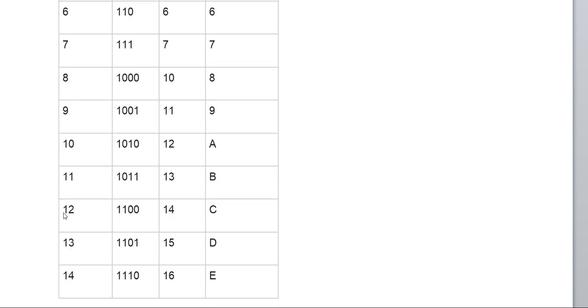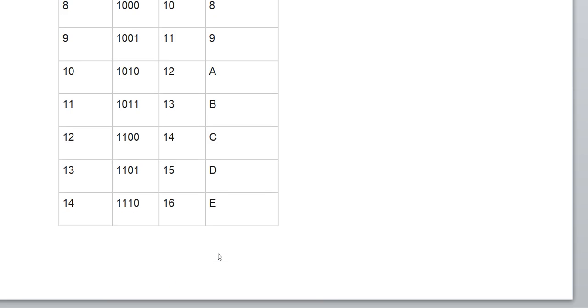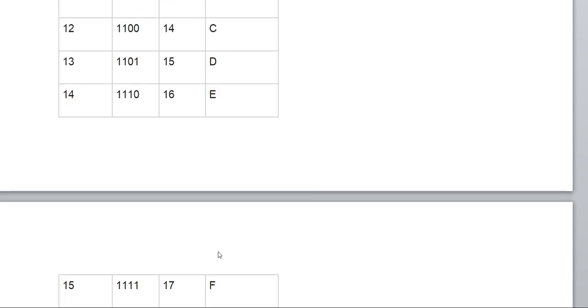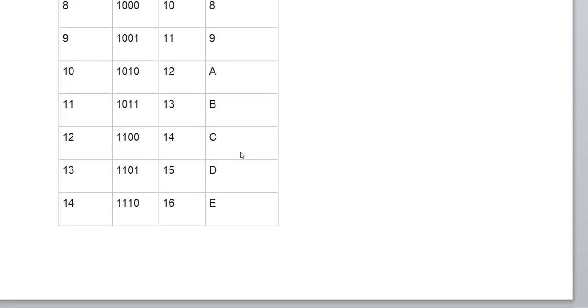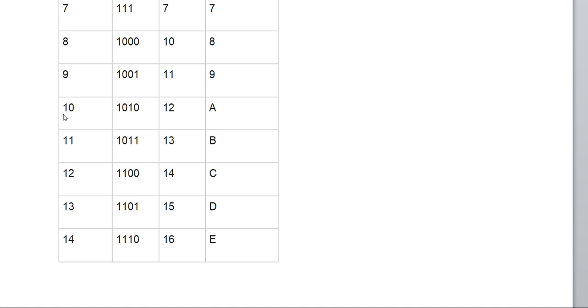Here you are also able to see A, B, C, D, E and F. All these digits belong to the hexadecimal number system, and in the decimal number system A will be written as 10, B as 11, C as 12.